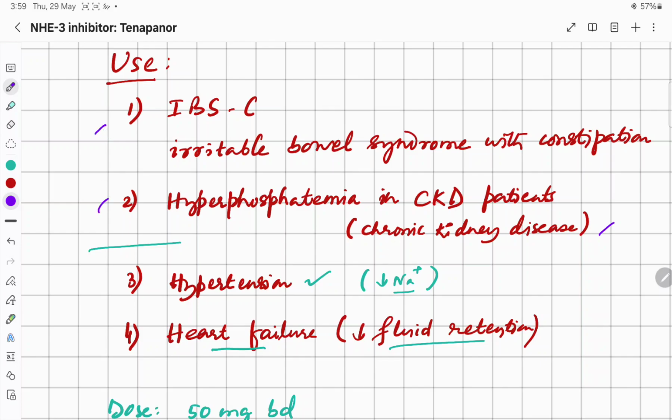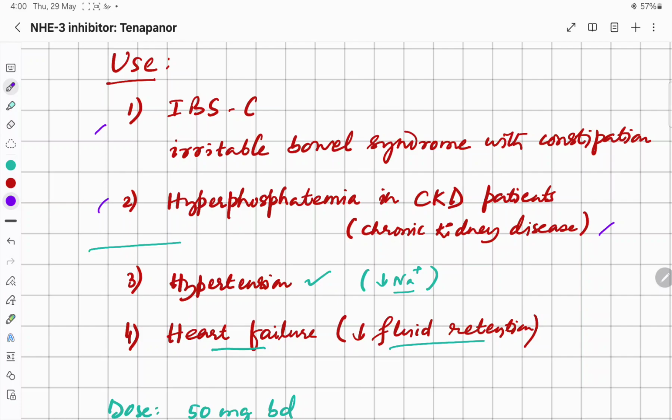And Tenapanor can also be useful in hypertension, because by decreasing the sodium absorption, it decreases the water volume, and because of that the blood volume also decreases, and that can be useful in hypertension by decreasing the blood pressure.